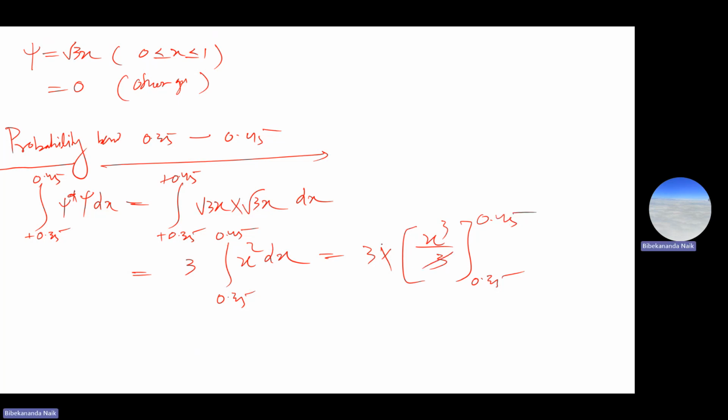So these 3 get cancelled, and it will simply be 0.45 cube minus 0.35 cube. So what will be the value if we calculate 0.45 cube? It is 0.091125.